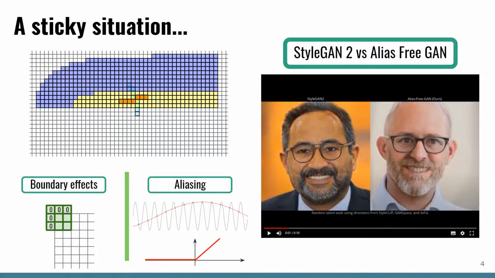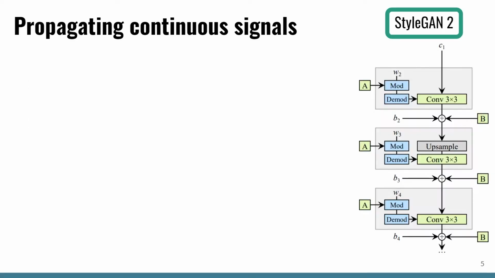Now, why is this aliasing a problem in itself? Well, in a way, you can see aliasing as a problem in the way we represent the signal processing through the network. And in theory, the convolution should not contain any information about where it is in the image.